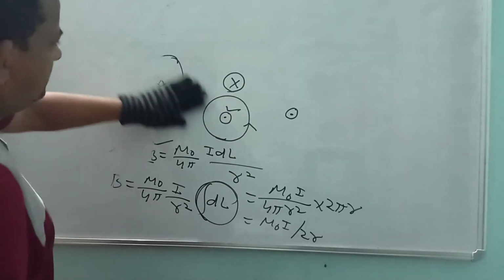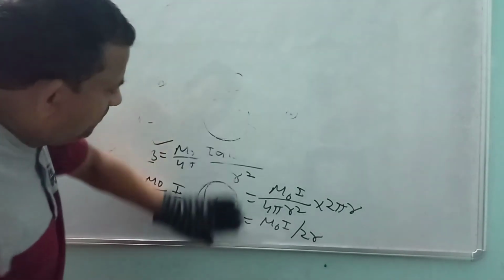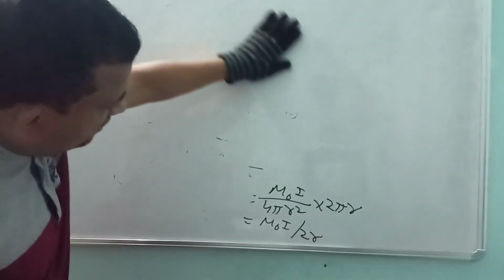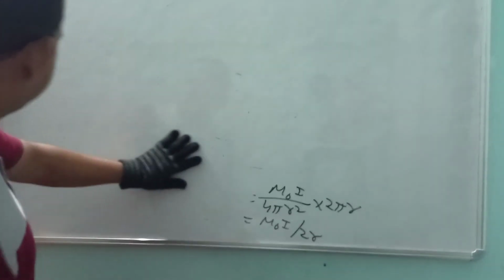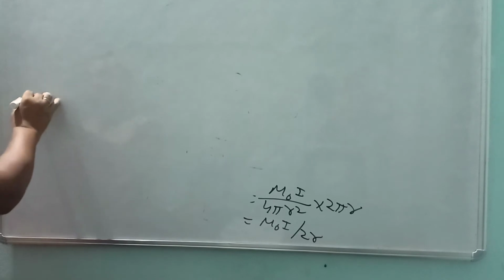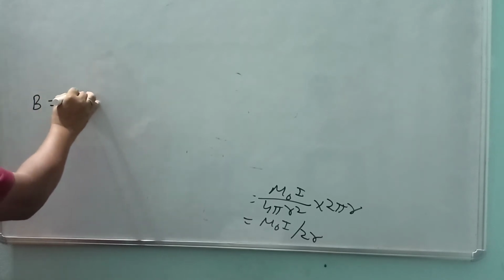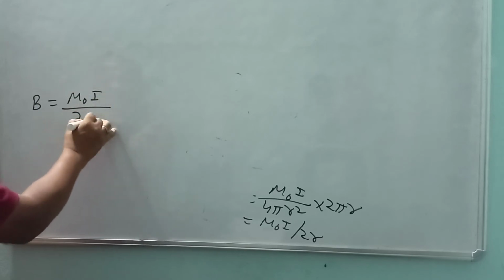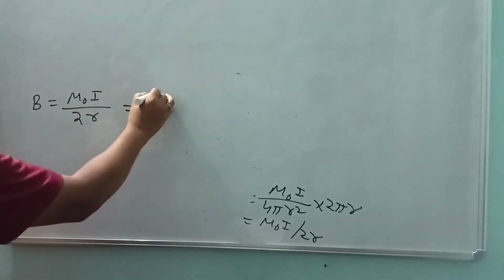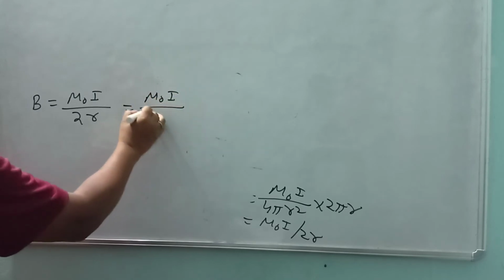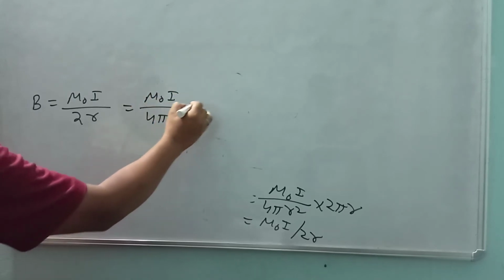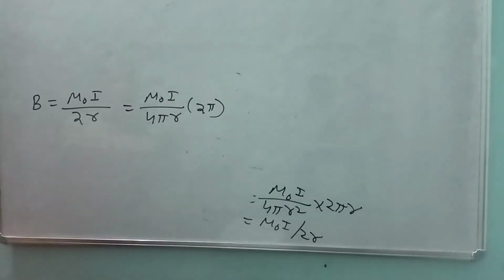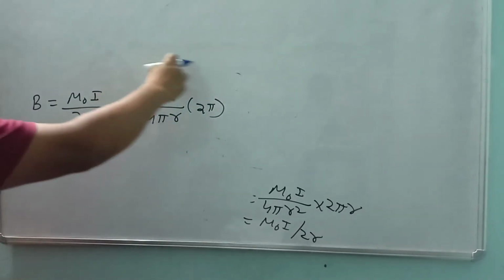So students, you get the formula for a circular current carrying conductor as B is equal to mu naught I by 2r. This can be written as mu naught I by 4 pi r into 2 pi. Why do I write in this format?